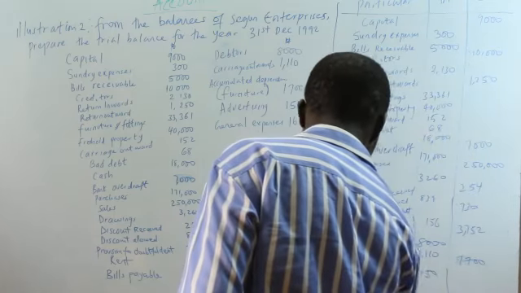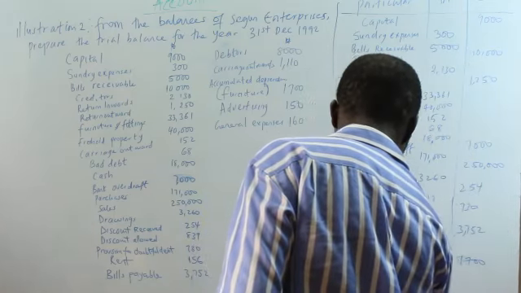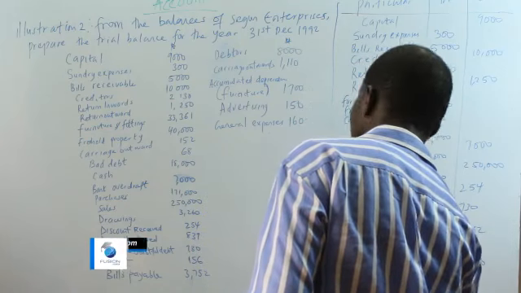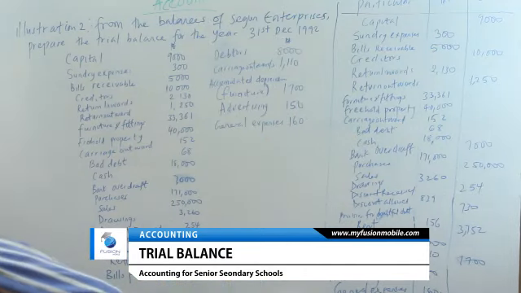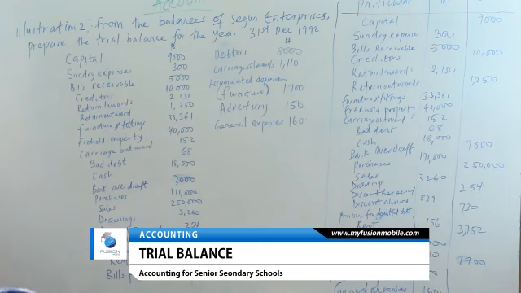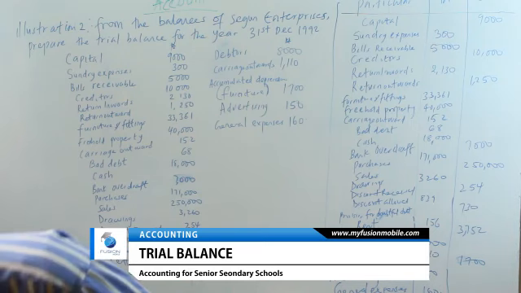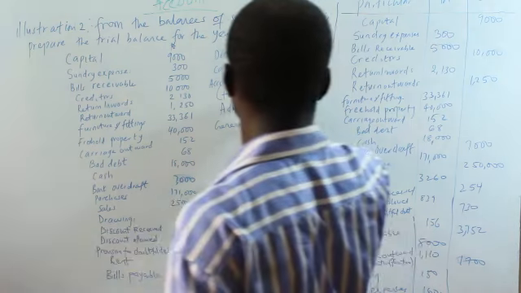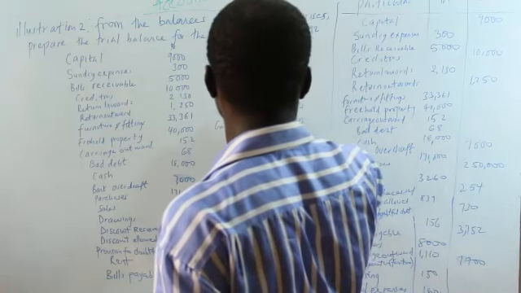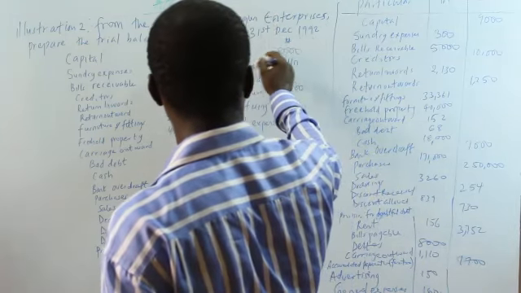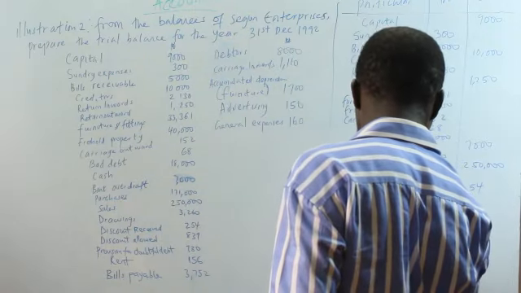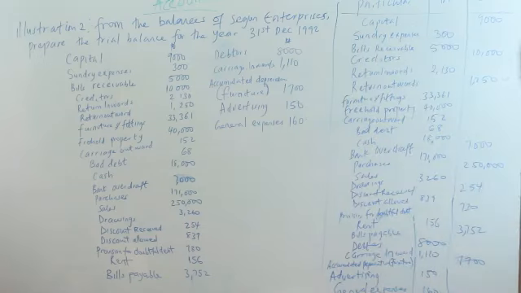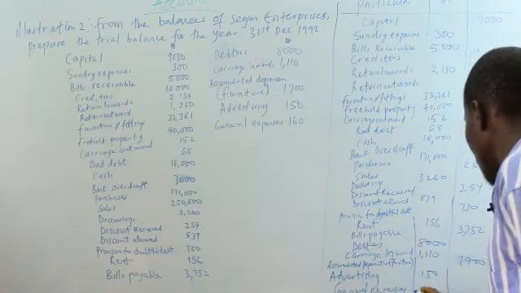Then we have general expenses. That will be on the debit side. So we can then balance it. Sorry, it is carriage inward. So we have carriage inward also. So that will also be on the debit side. So direct expenses.